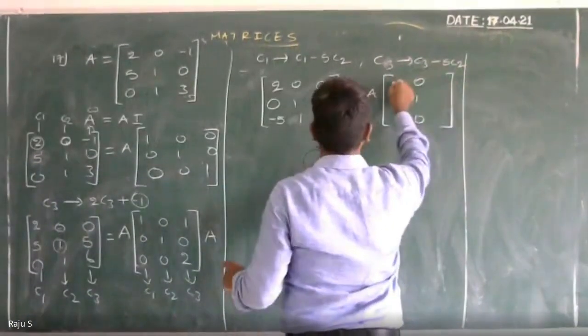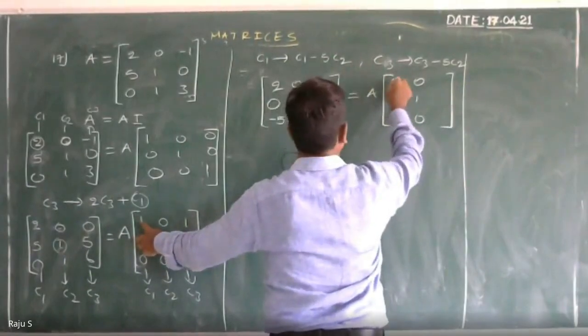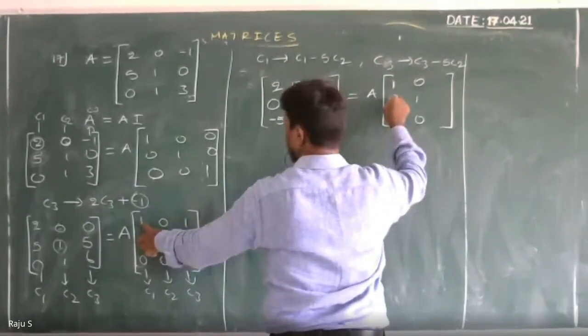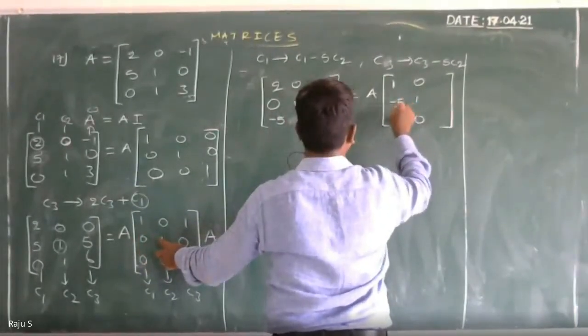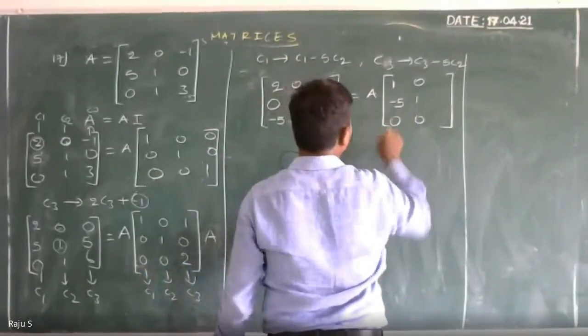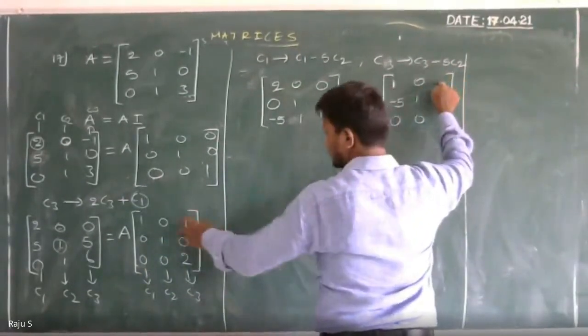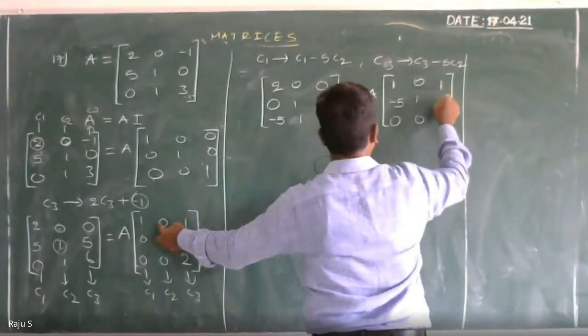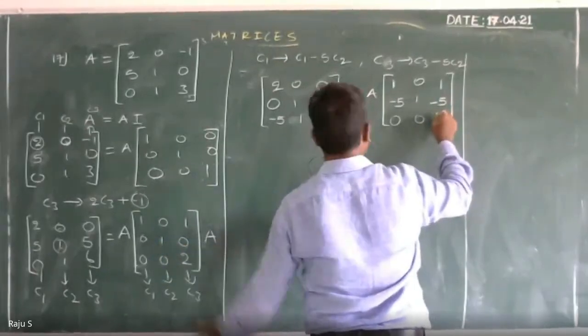Then C1 minus 5C2. C1, 1 minus 1. Here 0 minus 5, minus 5. Here 0, both will be 0, 0. Next, C3 minus 5C2, 1. C3 minus 5C2, minus 5. C3 minus 5C2, 2.